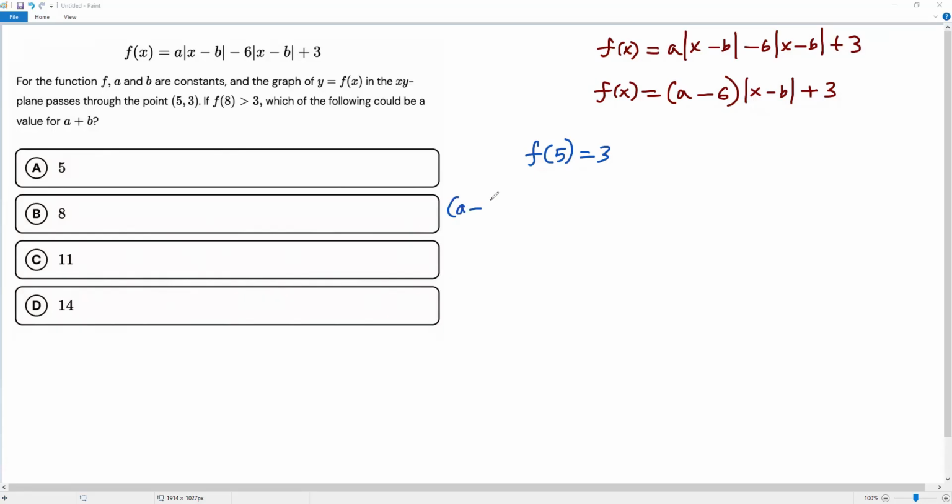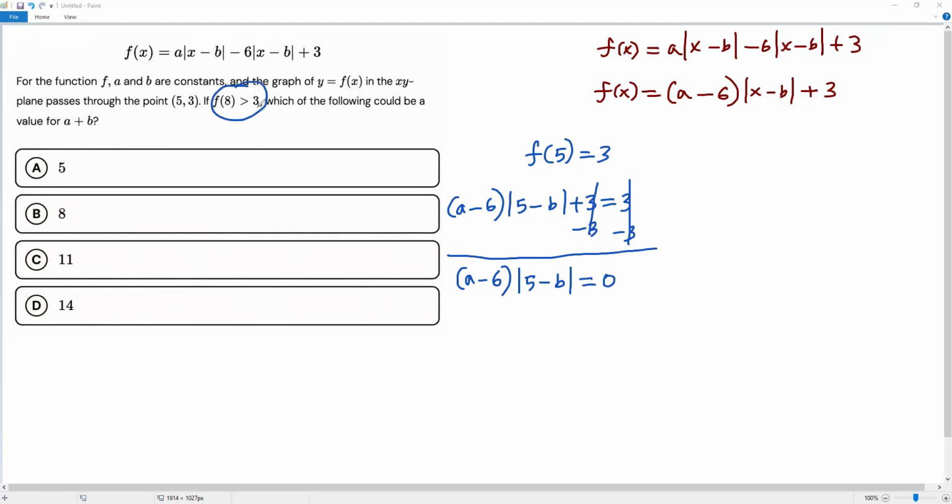Then we have (a − 6)·|5 − b| + 3 = 3. Let me subtract 3 from both sides. This positive 3 and negative 3 cancel out. We have (a − 6)·|5 − b| = 0.